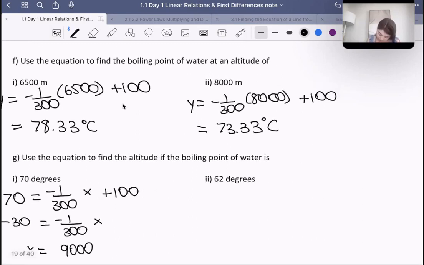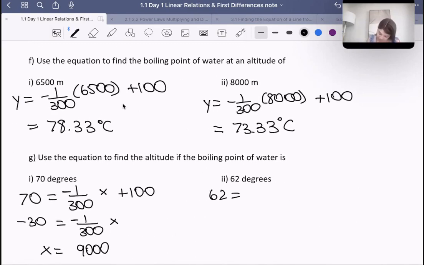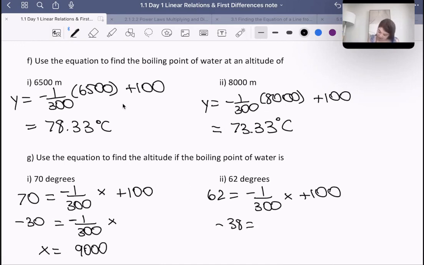Okay, so 62 is equal to -1/300x plus 100. And then let's do 62 minus 100, and then 100 minus 100 to get -38 equals -1/300x. And then we have that the answer is going to be x equals 11,400. And there's our answers. And we could put meters there as well.